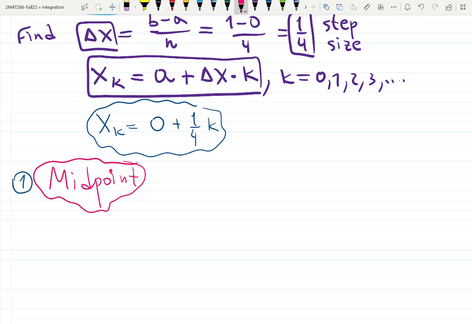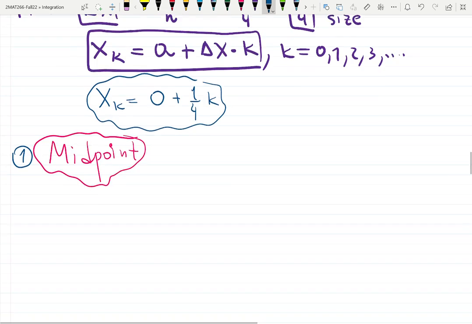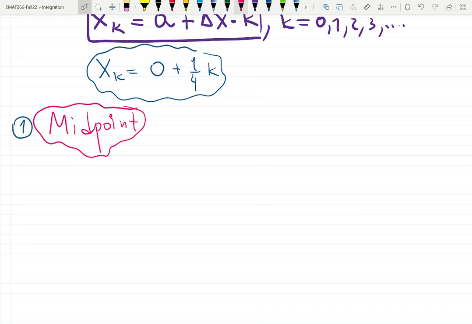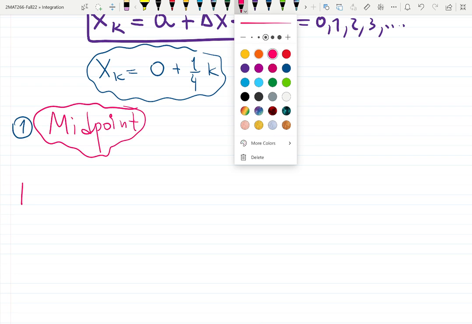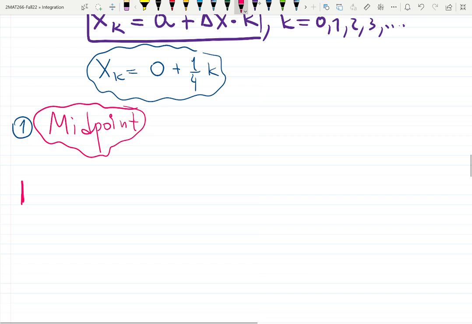Midpoint is annoying because of the formula. Let me make it fat: m sub 4, because we have 4 intervals. Delta x is factored out, it's the width of each rectangle.